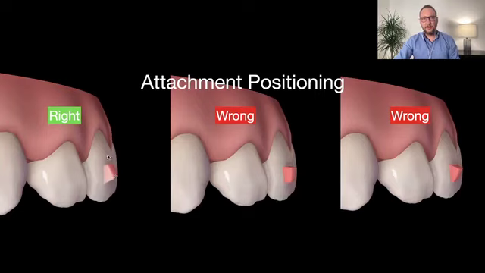Also, even if we position in the correct vertical size, there is a best way to inclinate the angle here, the bigger surface, the bevel, okay? And usually I like to inclinate them to the cervical line, not the incisal edge, because remember, we want this surface facing against the force, okay?